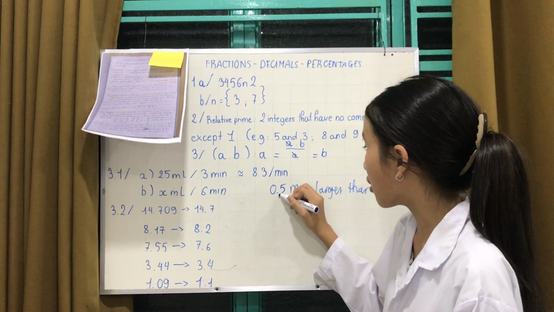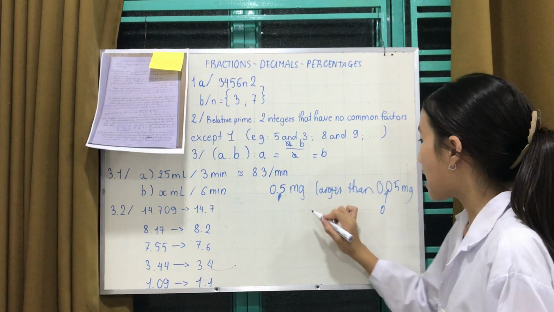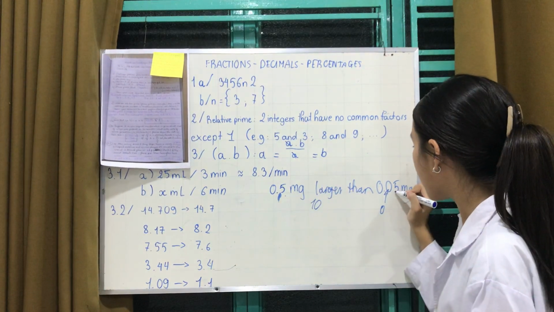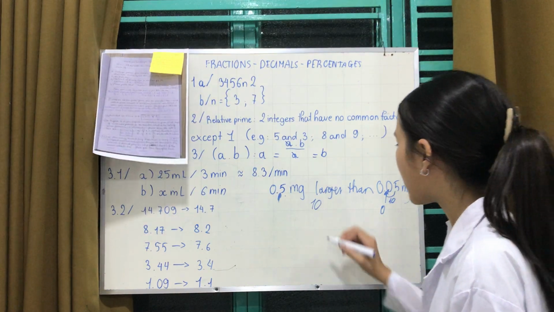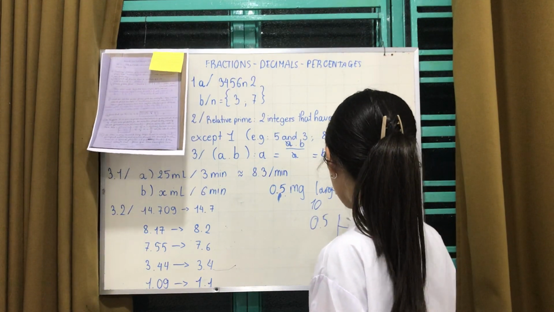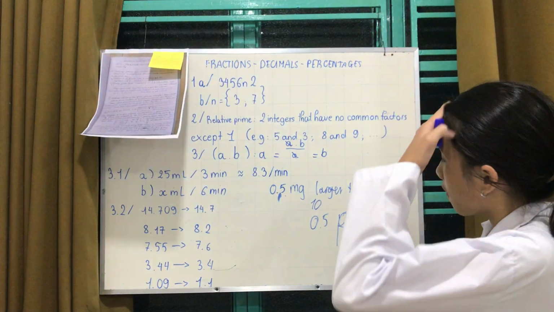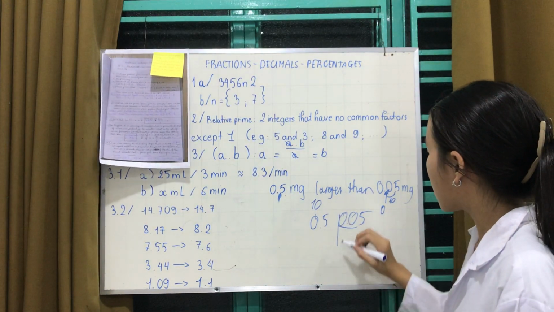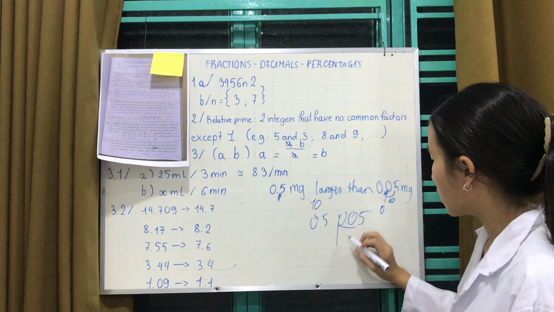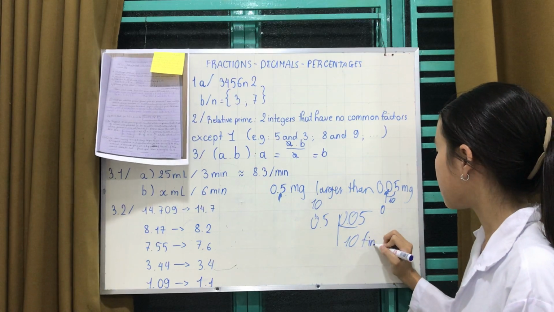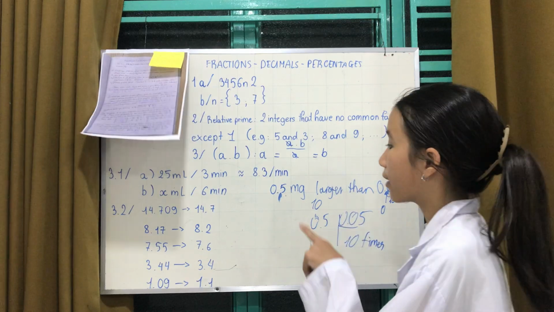There's an actual 0 here. So this is larger than this 10 times, because here we will move 10 times. Or we can take 0.5 divided by 0.05, which will equal 10 times. Okay, so that is my answer for problem 3.2a.